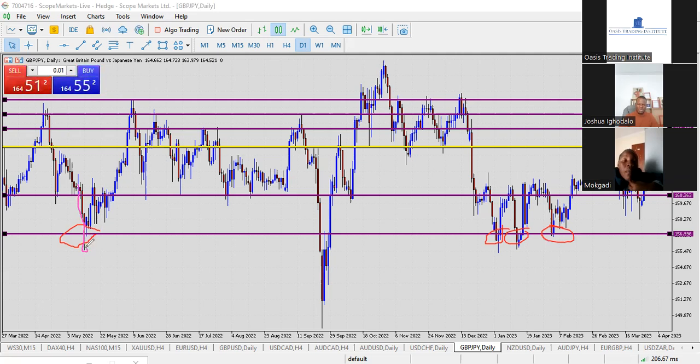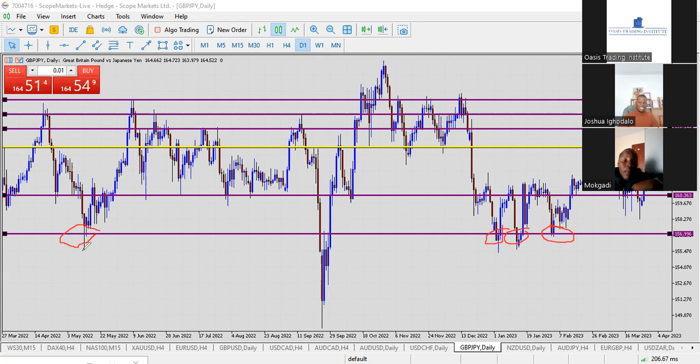But unfortunately, when it got to this point, what happened? Buyers began to pressurize it. You see it? Buyers began to invest more. Like, no, we need more GBP here. It's impossible for GBP to continue going down and for JPY to gain strength. No, let's give GBP hope.